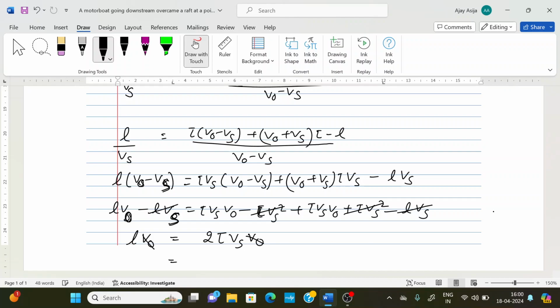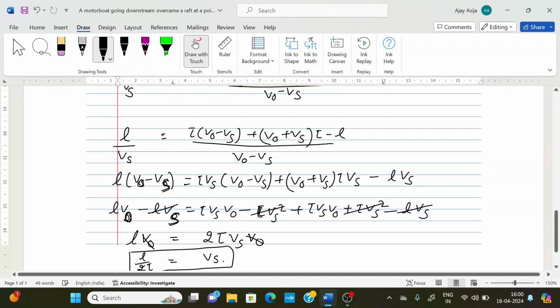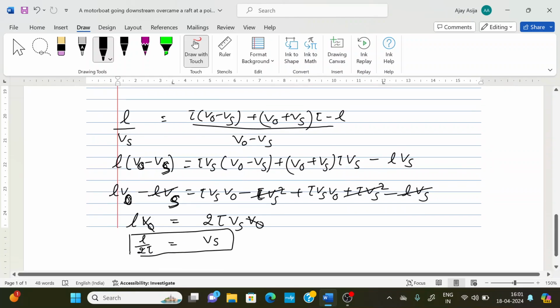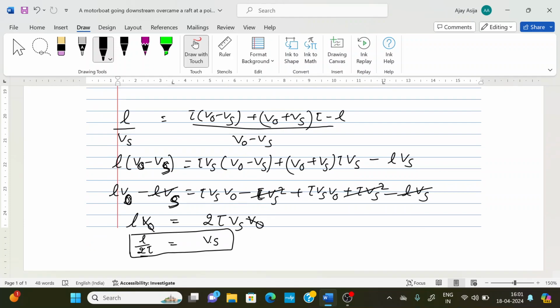So Vs will be equal to L upon 2 tau. This is the general formula to find the flow velocity in such kinds of problems. We can use the direct formula if we are given such a problem.